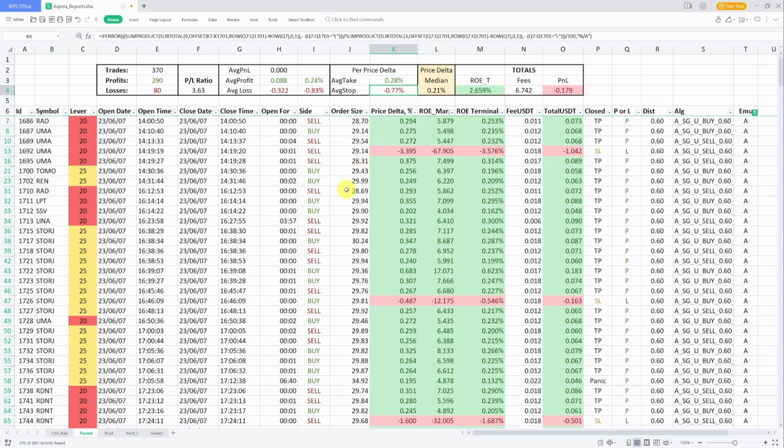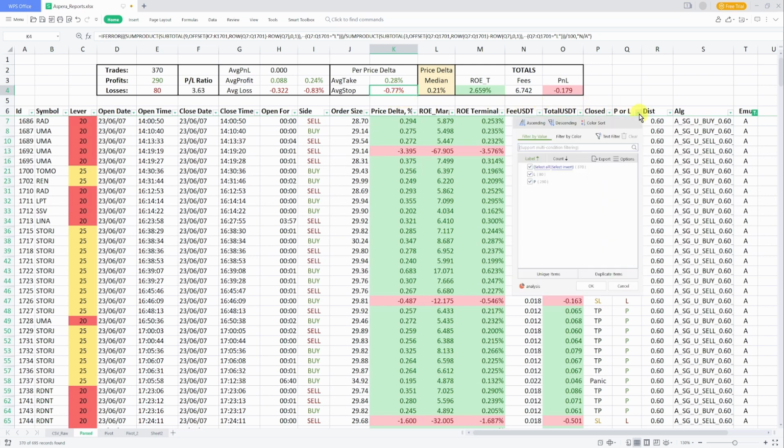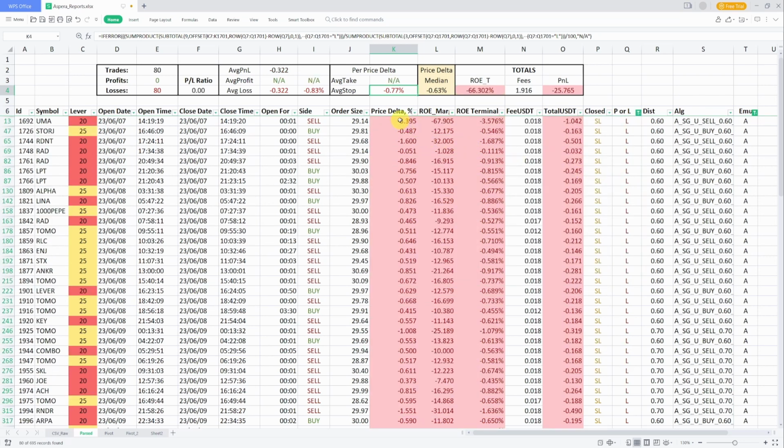My stop loss, as you may remember, is 0.5, but here the average stop is 0.77. If we were to look here only at losses, yeah, it's the average of this.